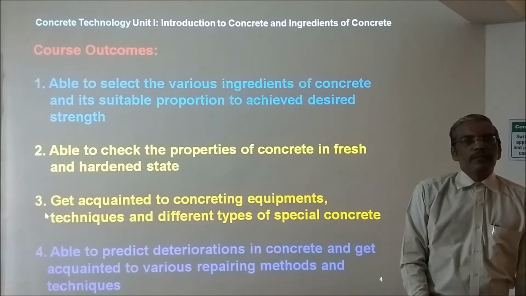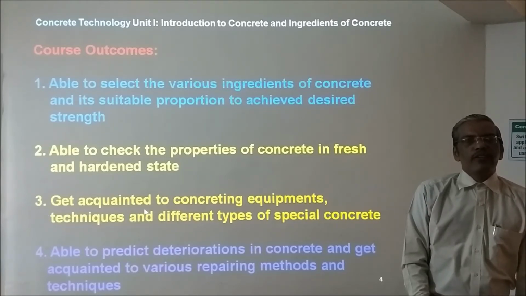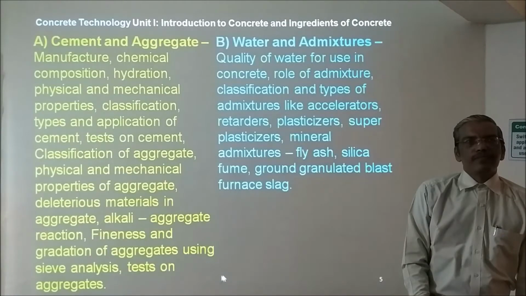Third course outcome is to get acquainted to concreting equipments, techniques and different types of special concrete. Fourth course outcome is to be able to predict deterioration in concrete and get acquainted to various repairing methods and techniques.